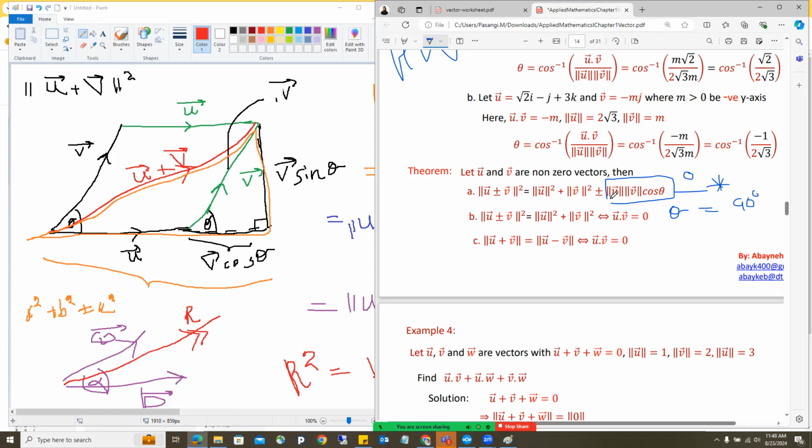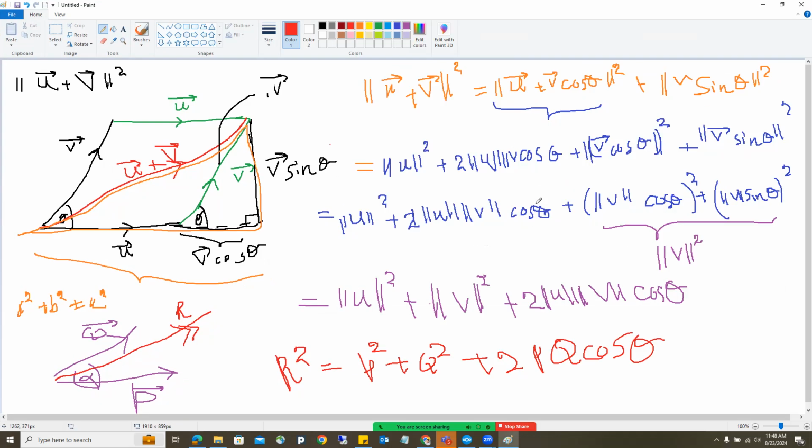Okay, here also they have made a mistake. They should have a 2 here. Now what will happen? To make these two sides equal, if the magnitude of u plus v, squared, should equal this expression, then this entire 2uv cos theta should equal 0.